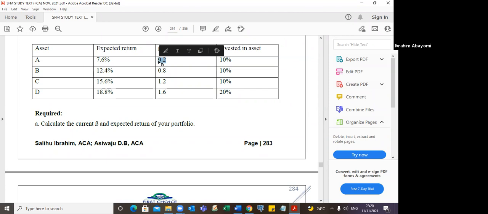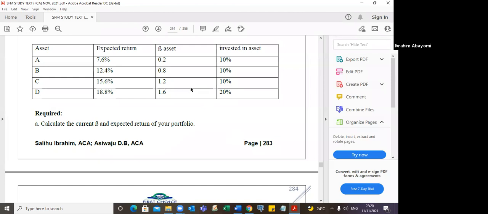So what the question wants you to compute is the beta of the portfolio, a single beta that will represent the portfolio. This portfolio is a 4-asset portfolio. So what is the beta of my portfolio? How will I get that?